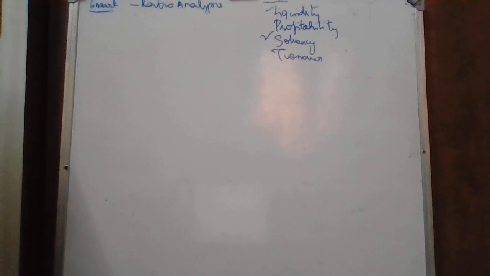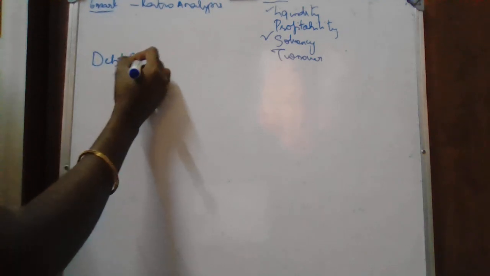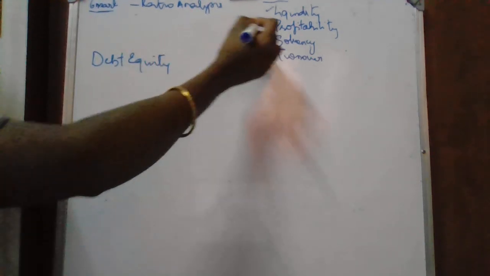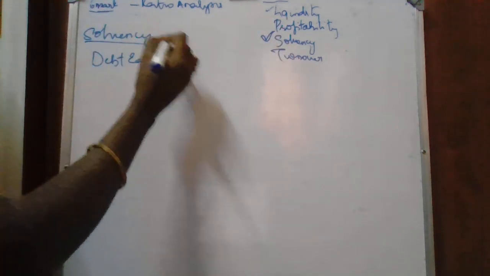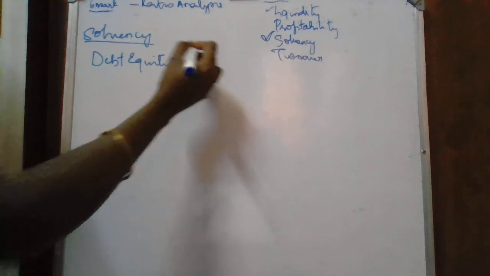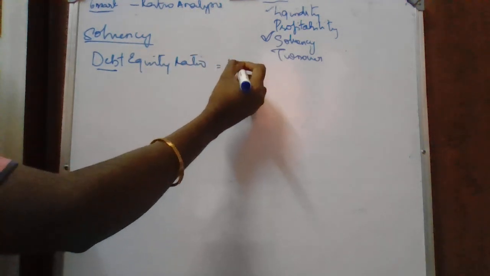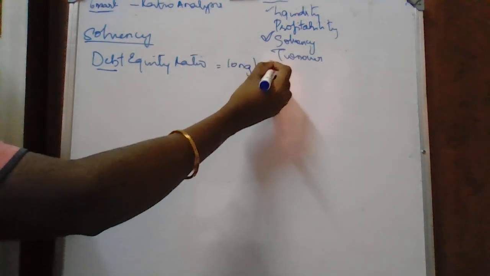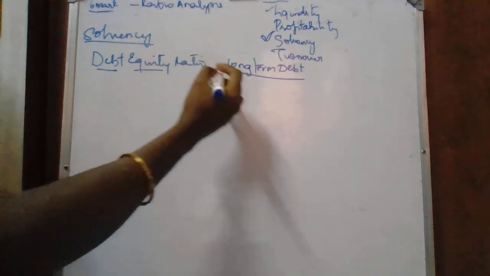Now, for solvency ratio, usually the sum asked is with respect to debt equity ratio and proprietary ratio. Now we are doing solvency ratios. Debt equity ratio, already you know. Here it will be long-term debt divided by equity.